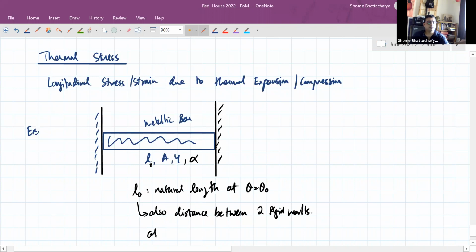So at theta equal to theta naught, the tension in the rod is zero because the strain is zero. So the stress is zero.